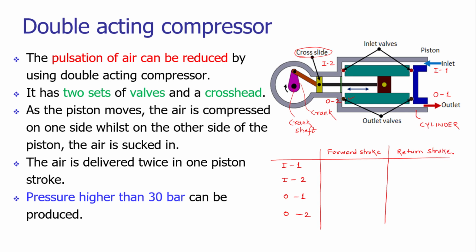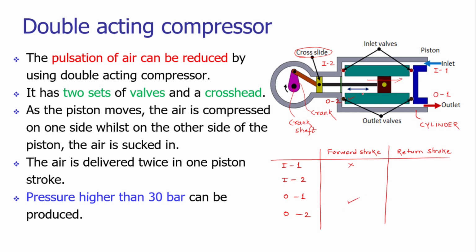When the piston is moving from left to right, in this direction, that we call the forward stroke, pressurized fluid will come out from the outlet valve 1. When the piston is pushing the fluid, inlet valve 1 will be closed. I'm just writing here closed, and the outlet valve is open.